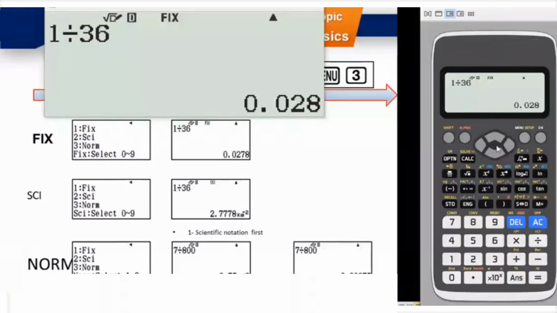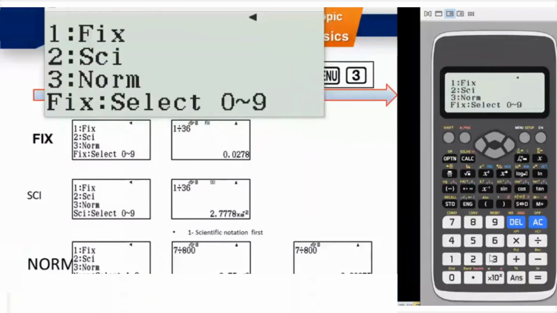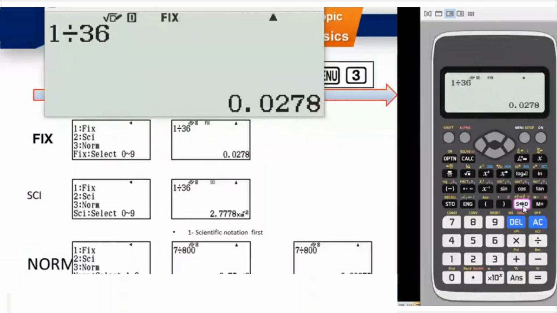If I want my calculator to give me the answer correct to 4 decimal places, I will press shift menu, number format, fix, and I am writing here 4. 4 means the calculator will give me the answer in 4 decimal places, that is 0.0278.